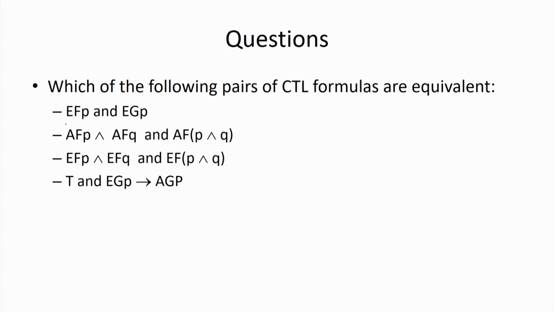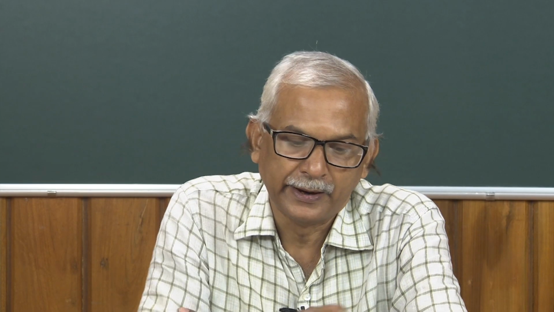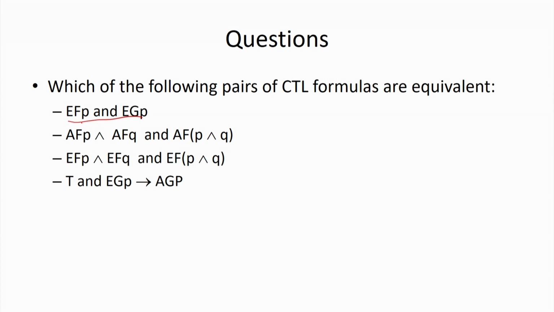Already I have said that these two are not equivalent, because in EF, P may be true, but it may not be true in all the states of any path. So, one may be true, but the other is false. But if EGP is true, then EFP will also be true. We do not have any problem about that. But if EFP is true, it does not guarantee that EGP is true.